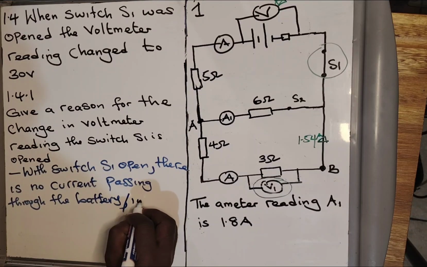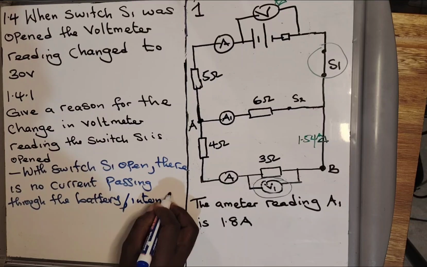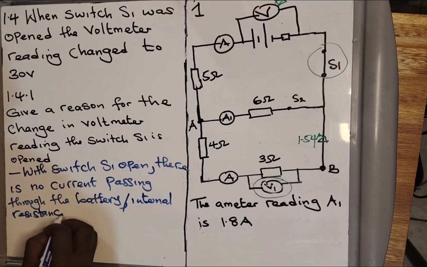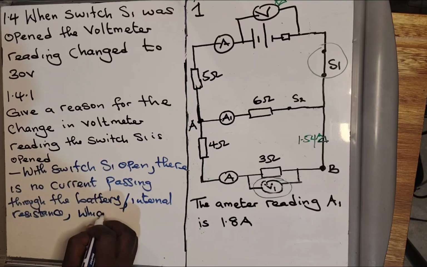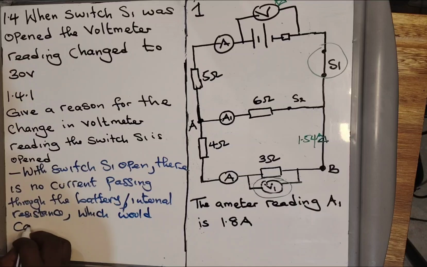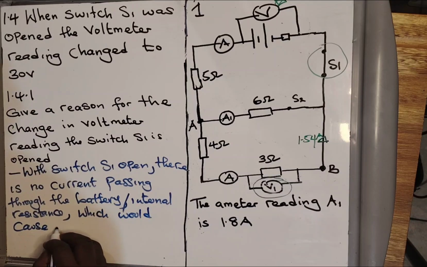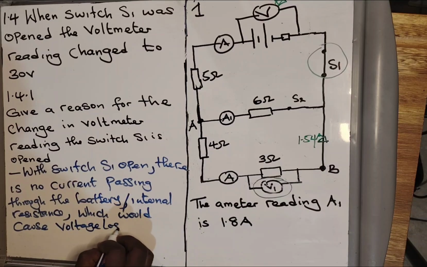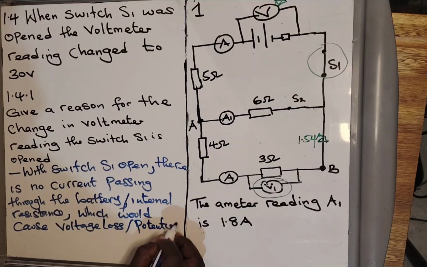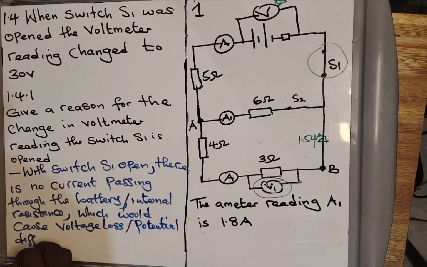The battery has internal resistance, which would cause voltage loss, or potential difference drop.